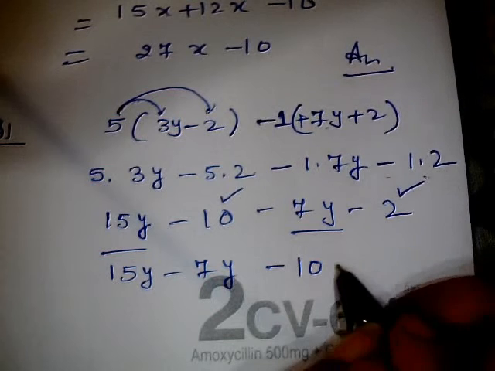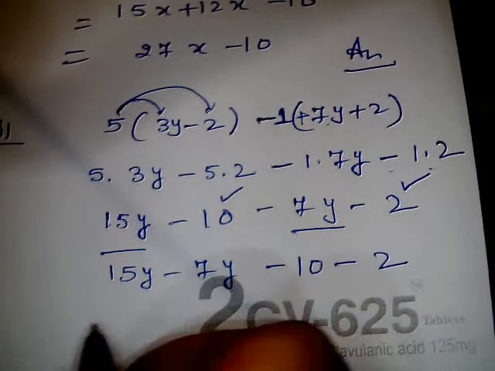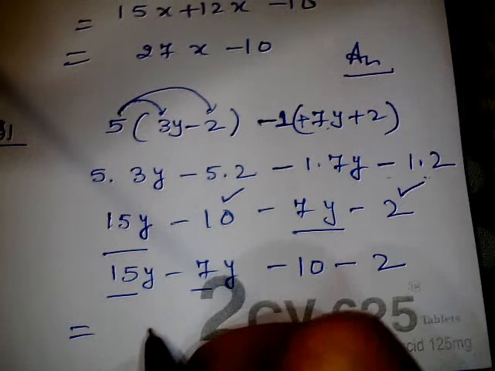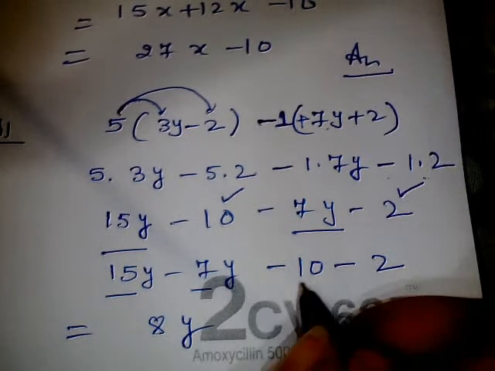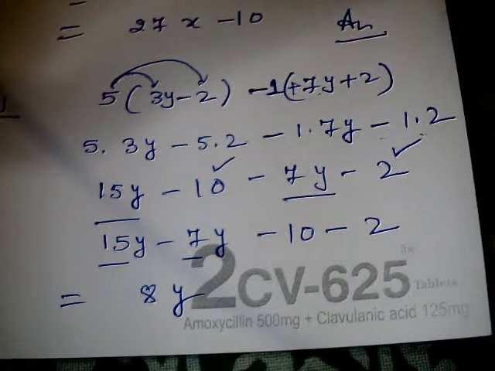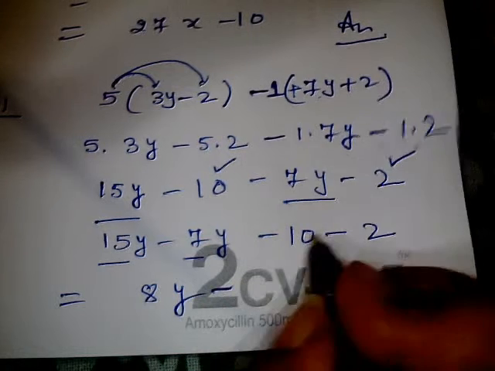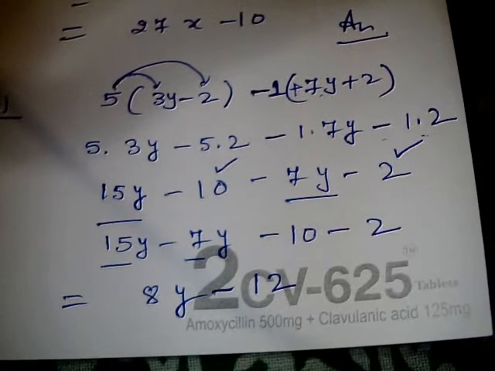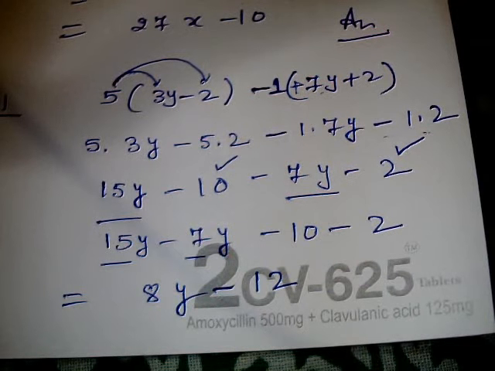Now this is 15y minus 7y, so that's going to be 8y, and this is negative and negative, so both the terms are negative and will become more negative, so they get added and the sign will be negative, so this is going to be negative 12. Clear? So this is how we have solved the question. Three questions we have solved.